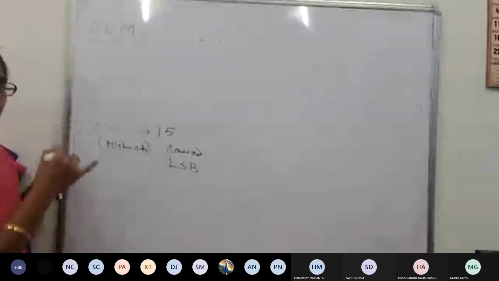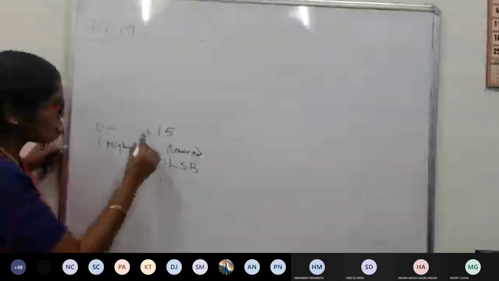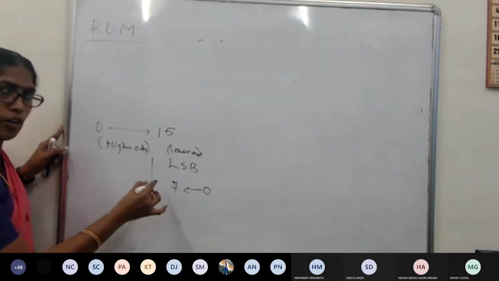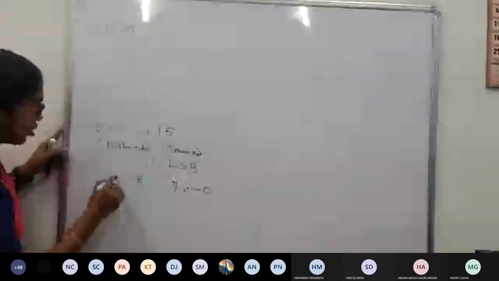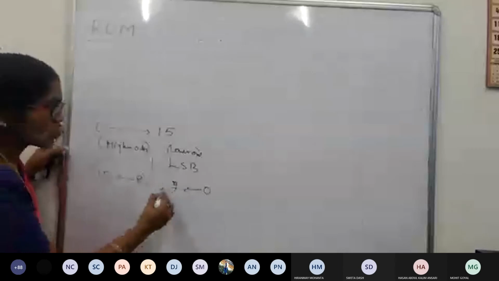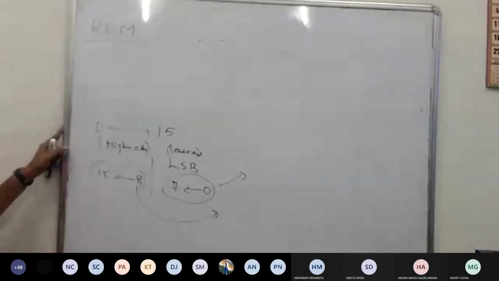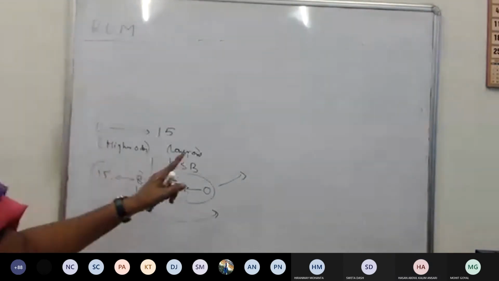I'll keep 0 to 7 as lower order, then 8 to 15 as higher order. This will occupy one shelf and this will occupy another shelf. Is that clear? Whoever asked? Yes, ma'am.